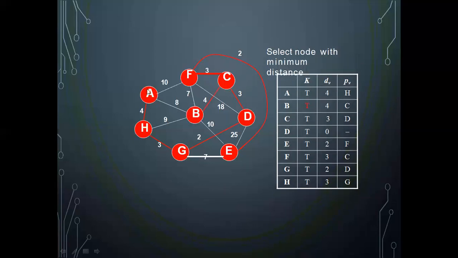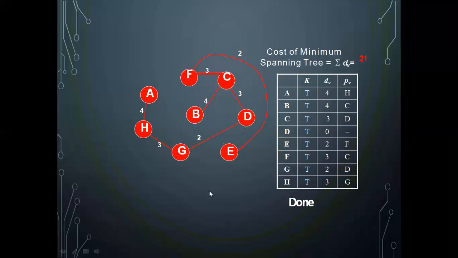Now all vertices are part of the spanning tree, and this is the spanning tree we have created. Add these weights, that will have the value 21, because in each row you have updated with a minimum weight. So the summation will give the minimum cost of the minimum spanning tree, that you will get as 21.